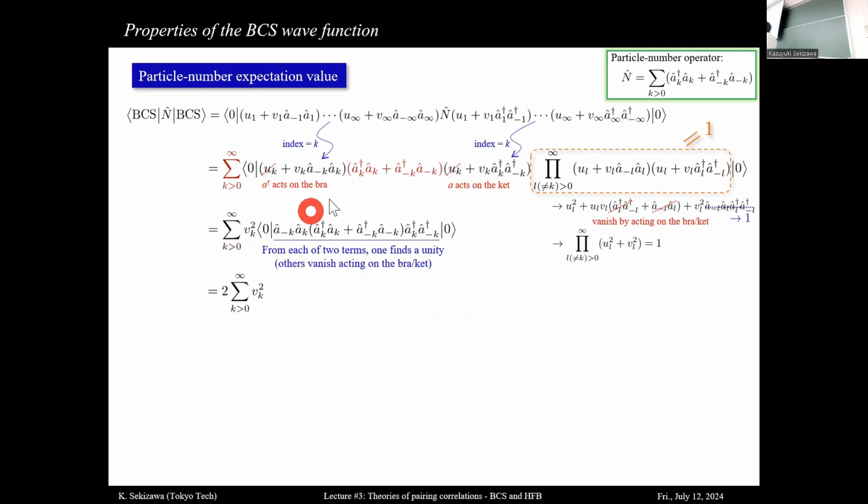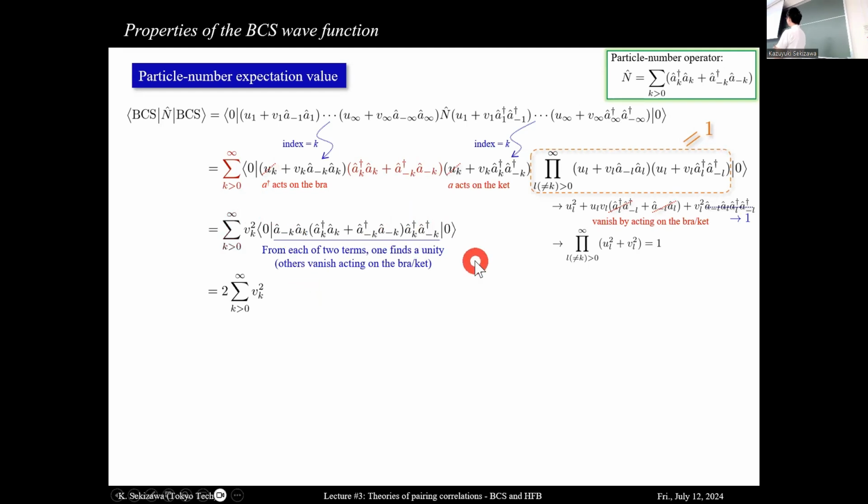Since there are 2 terms, each of these terms will generate k and, because of that, minus k and k. So each term corresponds to 1 and results in the factor of 2.